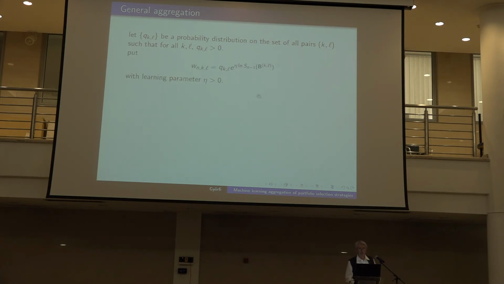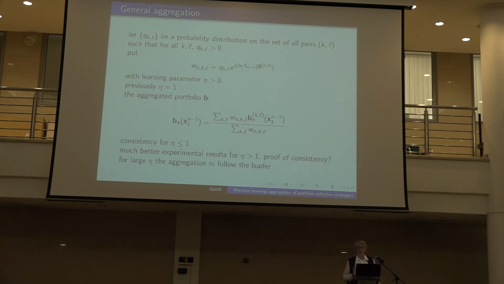We introduce a learning parameter eta, which is positive, and with this eta, in the previous slide, eta was 1. We have a consistency proof for eta less than or equal to 1, but the experiments are much better for eta larger than 1, but we have no proof for the consistency. If anybody is interested in the problem, then let me know. For large eta, this aggregation approximates the follow the leader.